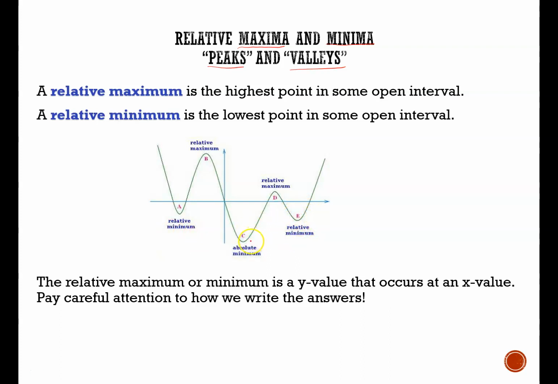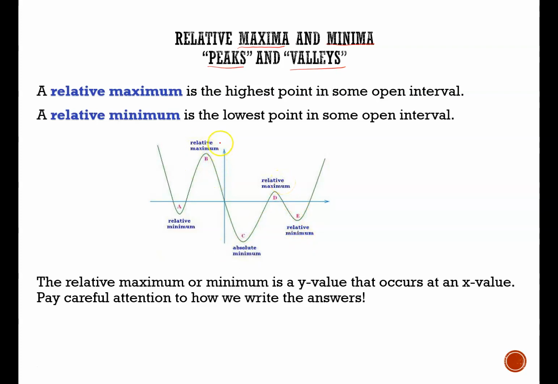Now, you'll notice that for C, it's called an absolute minimum. The absolute minimum is the very lowest point of the entire graph. We're not really going to worry about using that term absolute, but just to let you know for future information. Right now, we're just going to name all the lowest points as relative minimum and the high points as relative maximum.